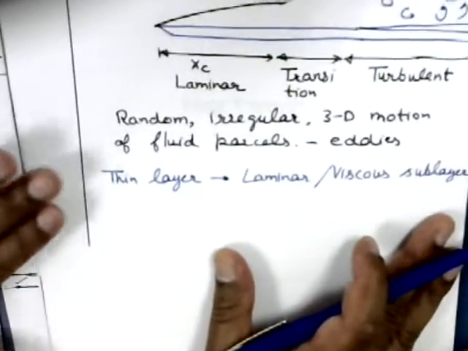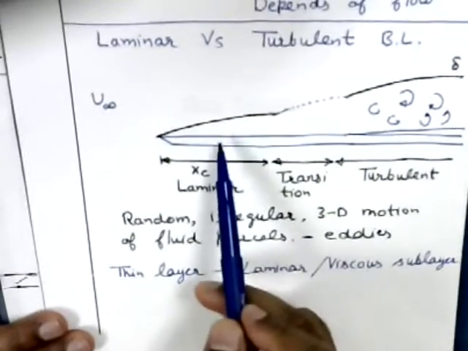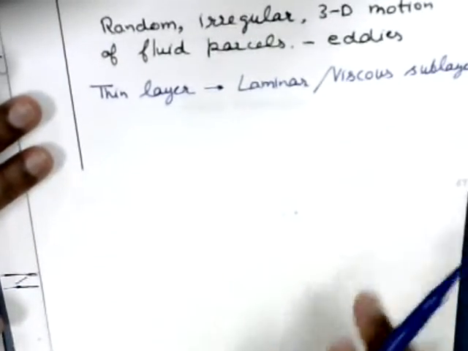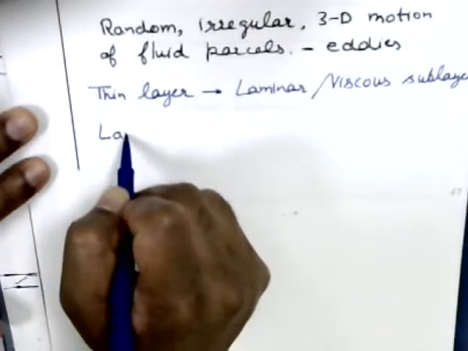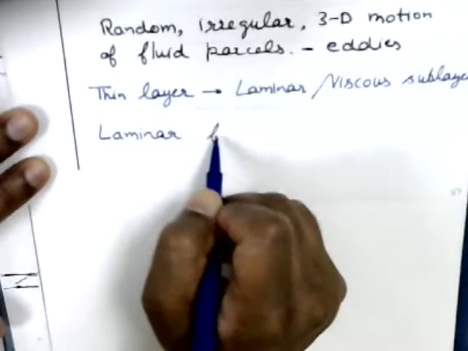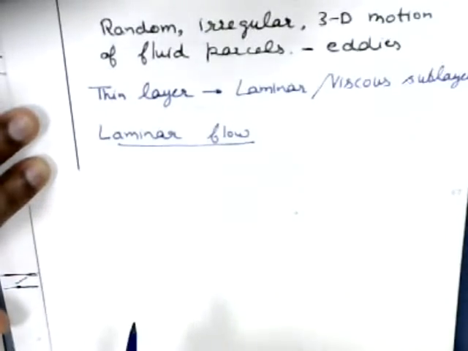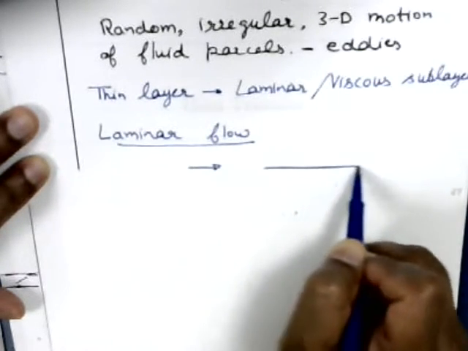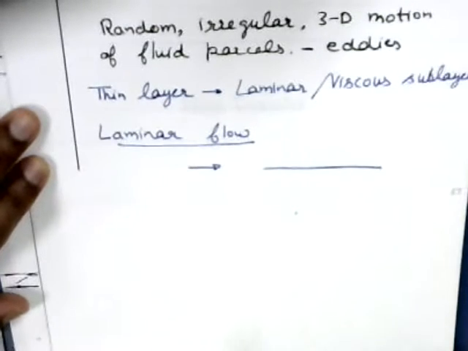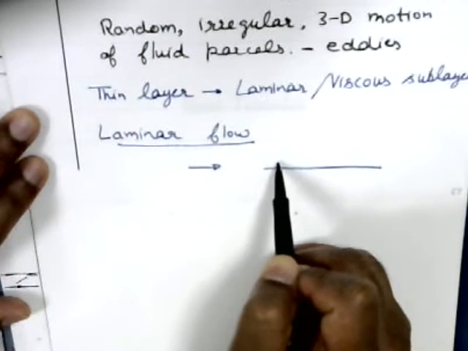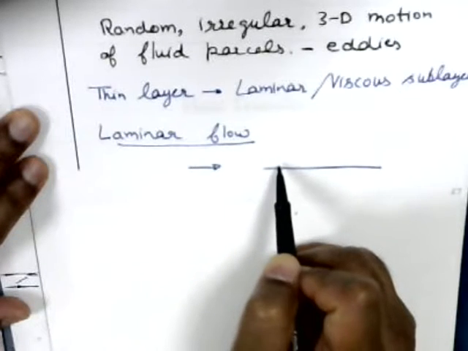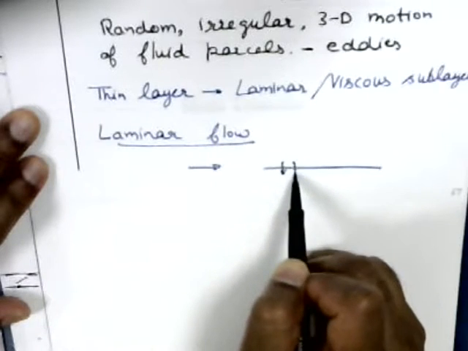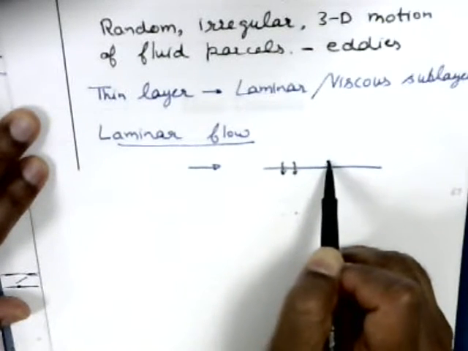Now the primary difference between laminar and turbulent situation is like this. When you have laminar flow, let's say flow is in this direction, and if I draw a plane, then the fluid particles, or rather molecules, have random motion: some molecules from the top are coming down and molecules from below are going up.